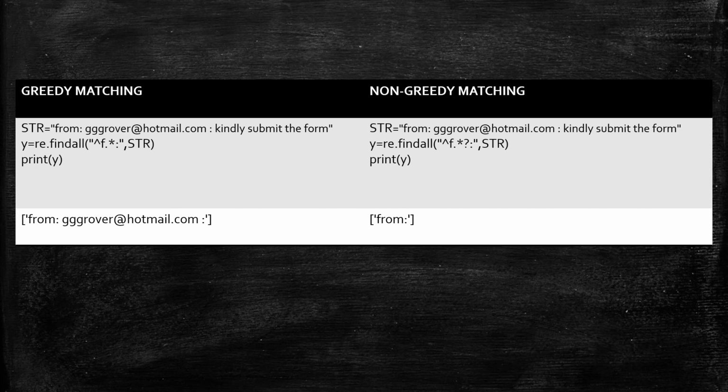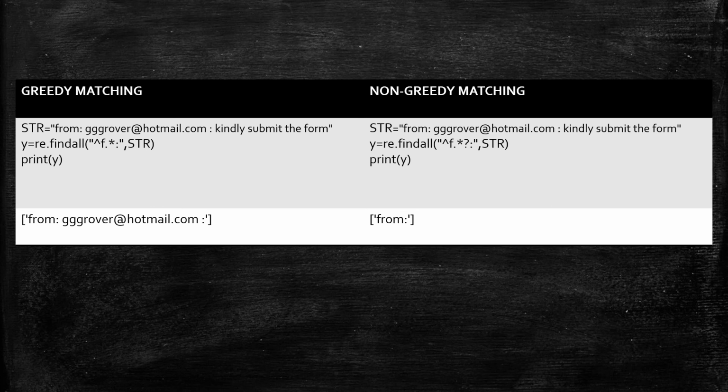But if I wanted that it should stop at the first colon only, then I should use a non-greedy matching pattern. And that would be, if you see now, non-greedy matching, the same string str is there. And I'm using y is equal to re.findall, caret sign f dot star, and then there is a question mark and then colon. So there is a little change in my pattern. I have just added a question mark, which will make it a non-greedy matching pattern.